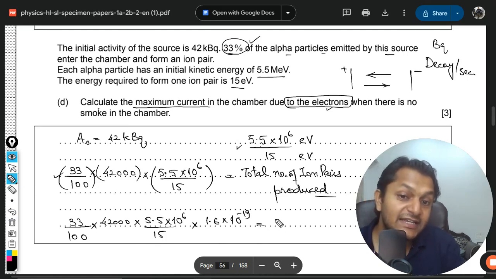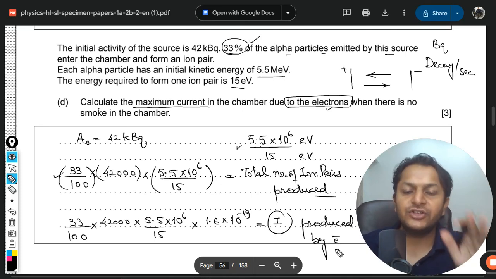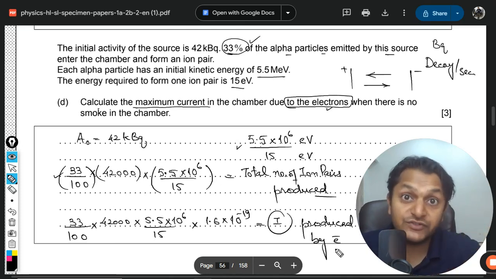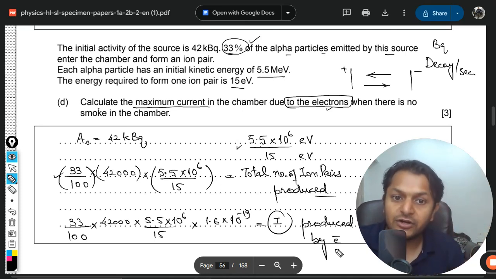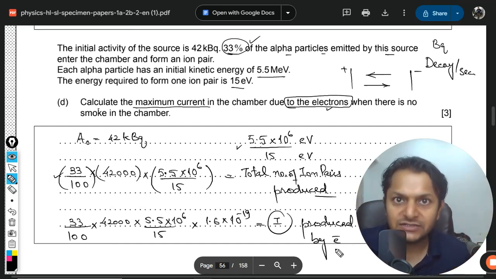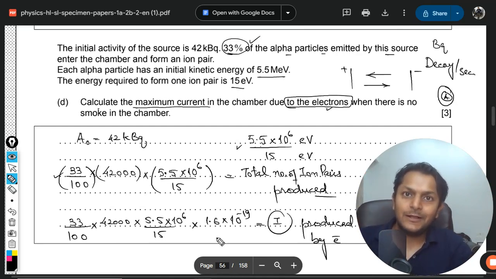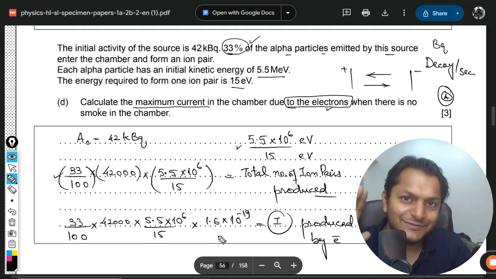So this is equal to the current which is produced by electrons. We are not considering the current which is created by the positive charge. If we were considering that also, we would multiply this by 2. So actually the reading of the ammeter will be double this, but the question is not about that.